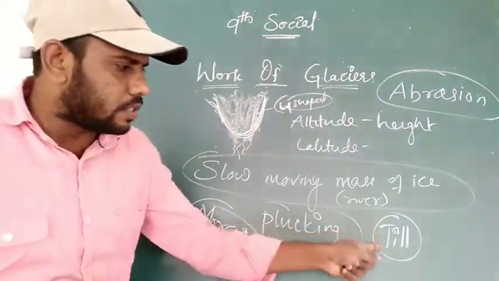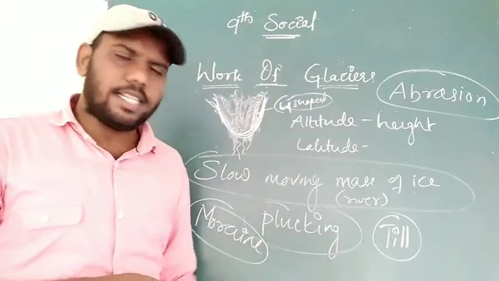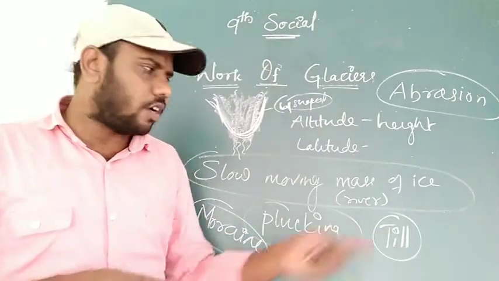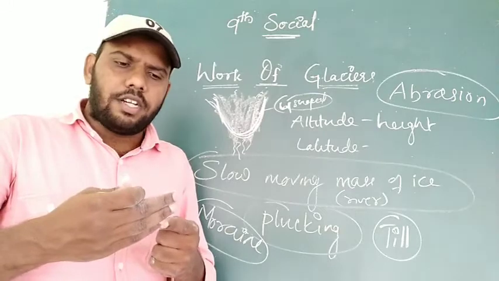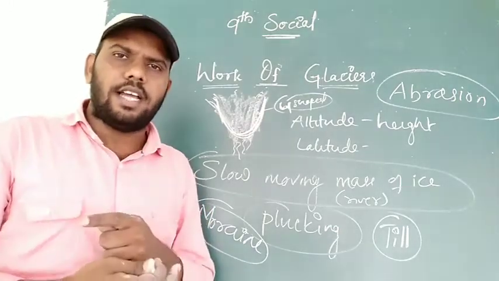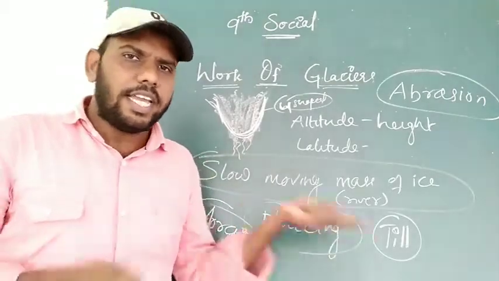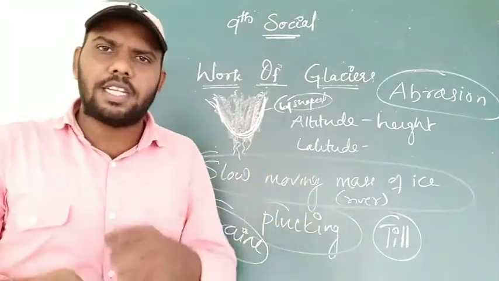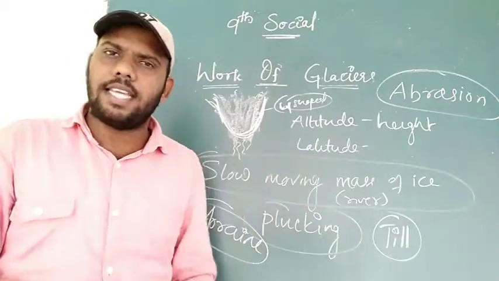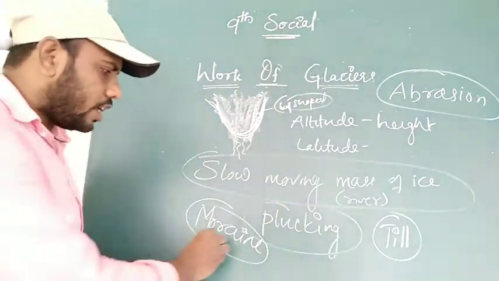And these materials we call till. All the materials brought by the glacier we call till. But when the ice starts to melt and form water, it cannot bring all the materials down, and they are deposited here and there. That deposition we call moraine.